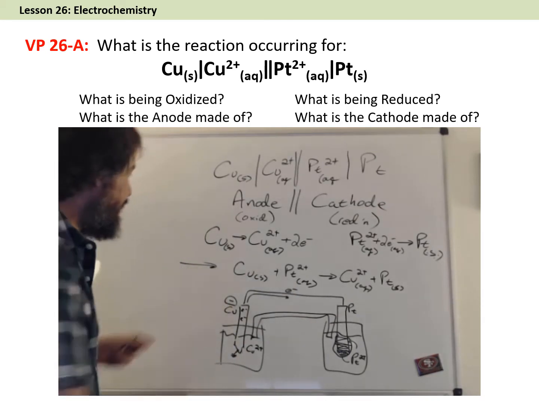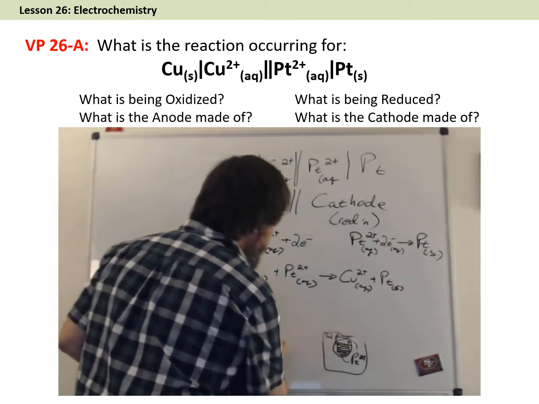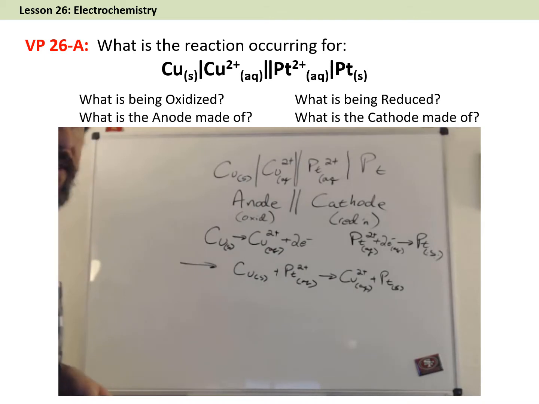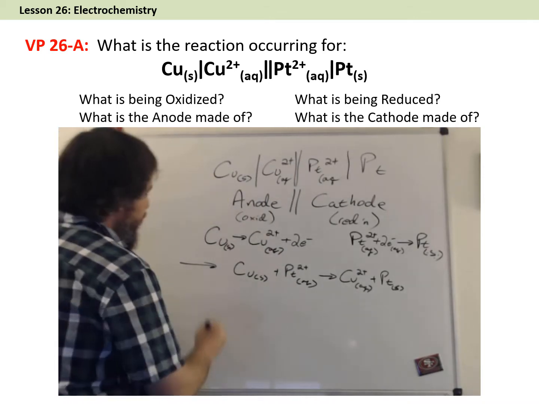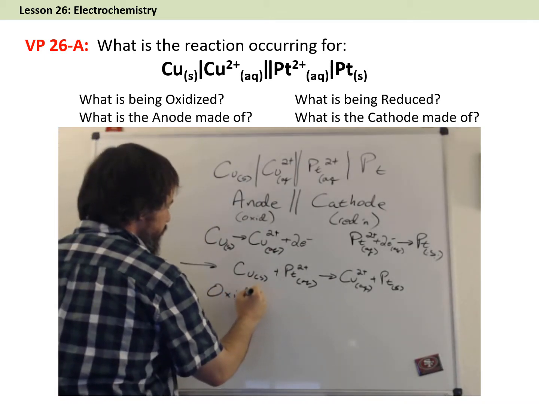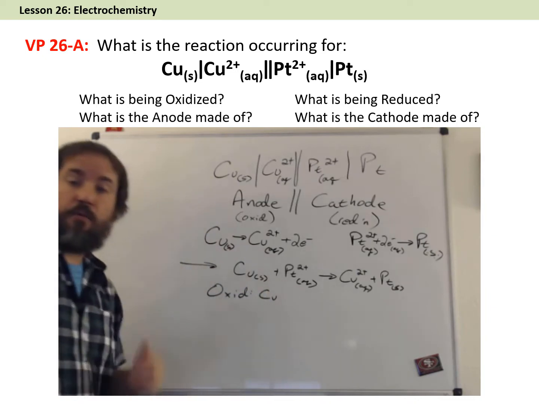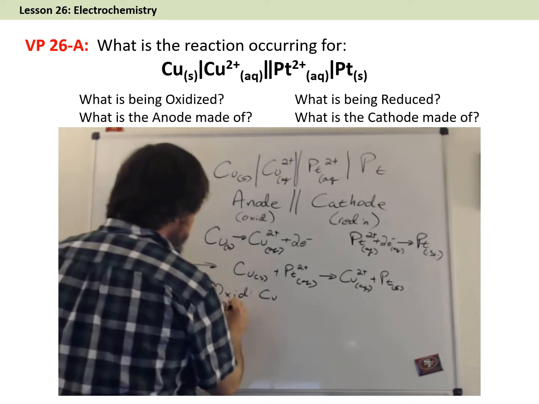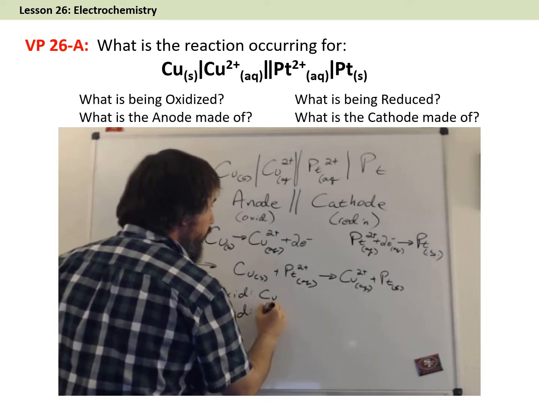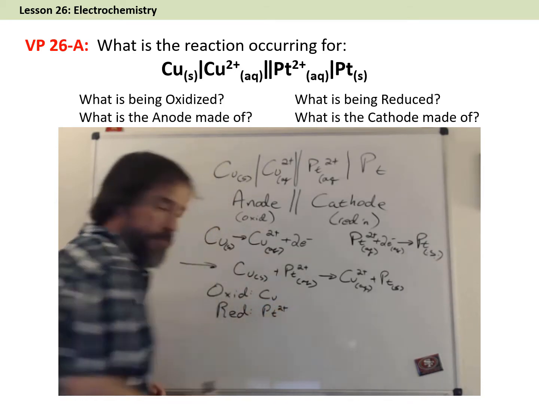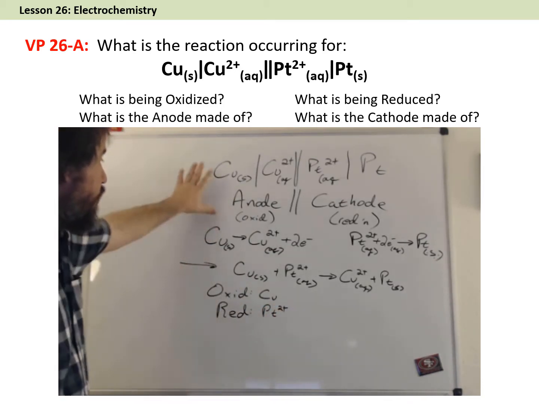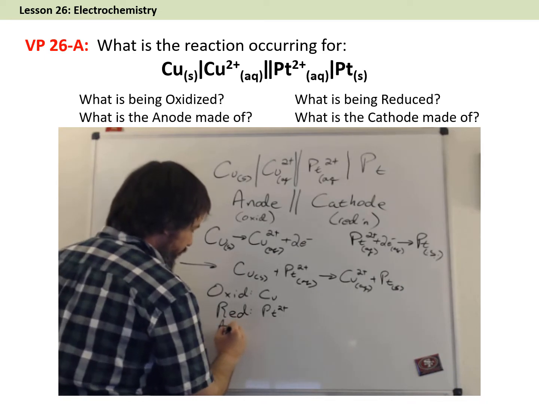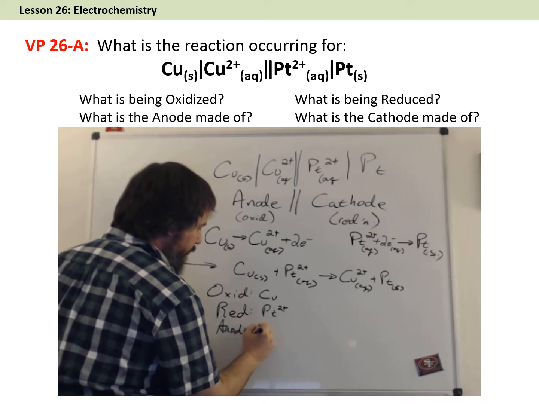Okay, so let's answer the rest of the questions because I got off on a tangent. What's being oxidized? Copper. What's being reduced? Platinum 2 plus. What is the anode made of? It's made of copper.